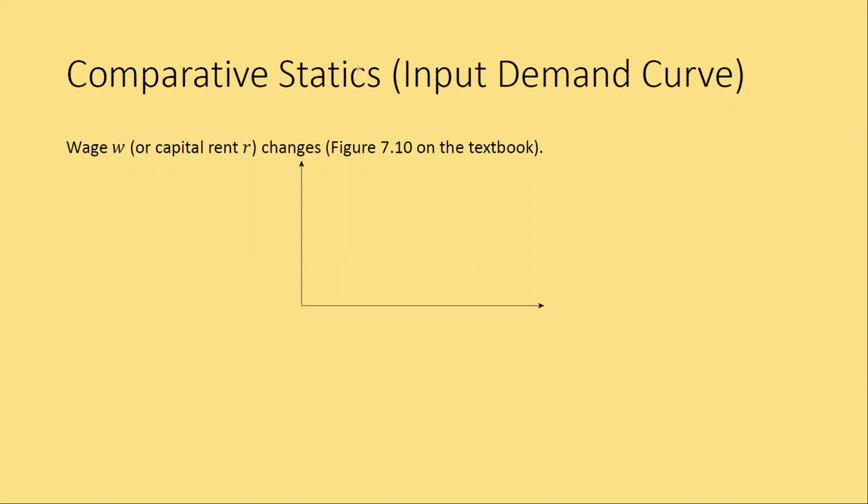I'm going to draw labor on the horizontal axis and capital on the vertical axis. And on the second graph that is aligned to the first one, I also have labor on the horizontal axis and I'm going to have wage rate on the vertical axis.